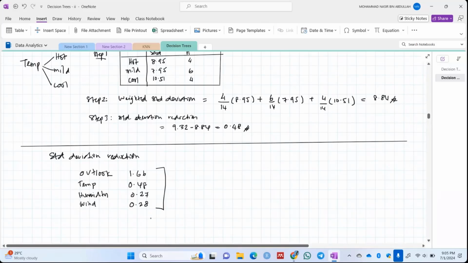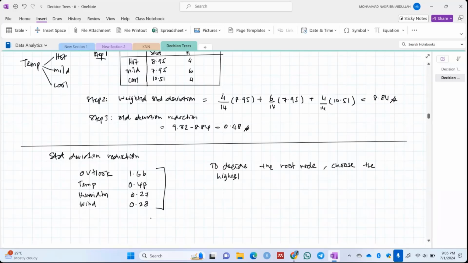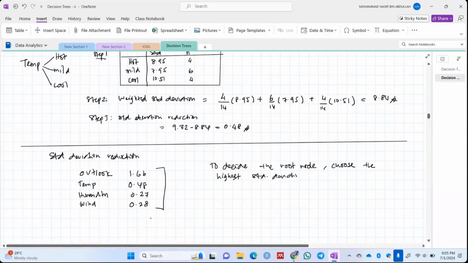To decide the root node, choose the highest standard deviation reduction.